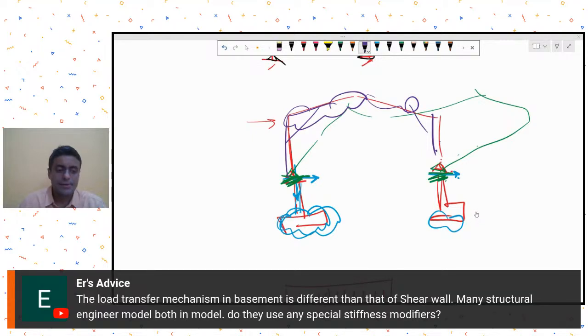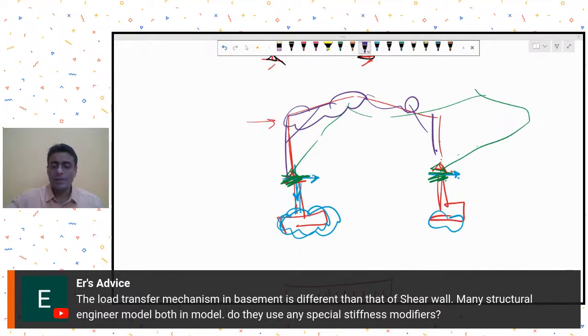Yes, very good. Engineer's advice is asking, the load transfer mechanism in a basement is different than that of a shear wall. Many structural engineers model both in the model; do they use any special stiffness modifier? I'm not sure what stiffness modifier they use. In the code, the modifier to be used for shear walls is given, although no modifier is given for the basement walls.